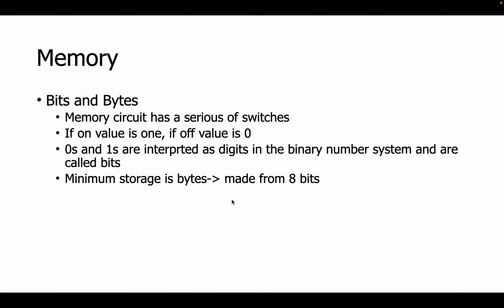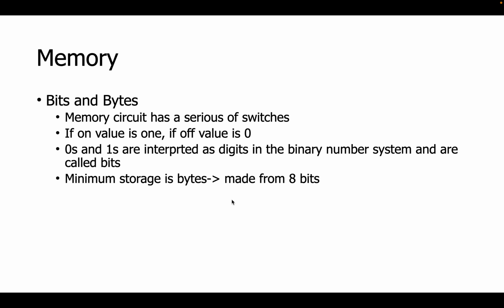When we say memory, memory is a circuit that is represented as on and off, and usually it's described as zeros and ones. Zero means off, one means on. With various combinations of zeros and ones, it gives a meaning to the computer based on the instruction sets.